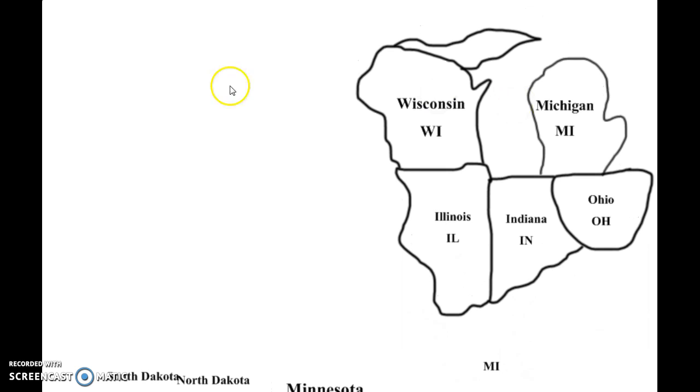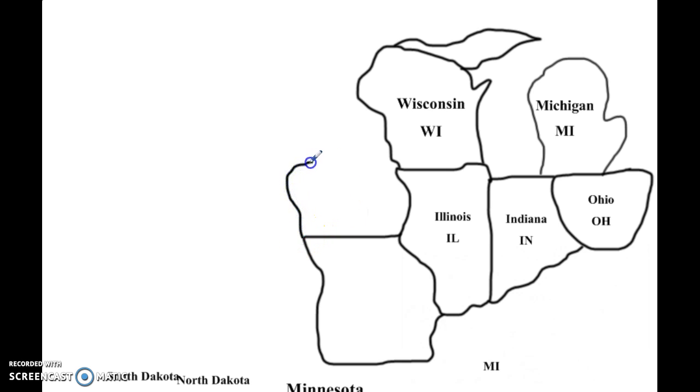Now, down here to the southwest of Illinois, we've got Missouri. And then between, we've got a little shape here that's Iowa. And then we've got this big state all the way up here to the Canadian border.